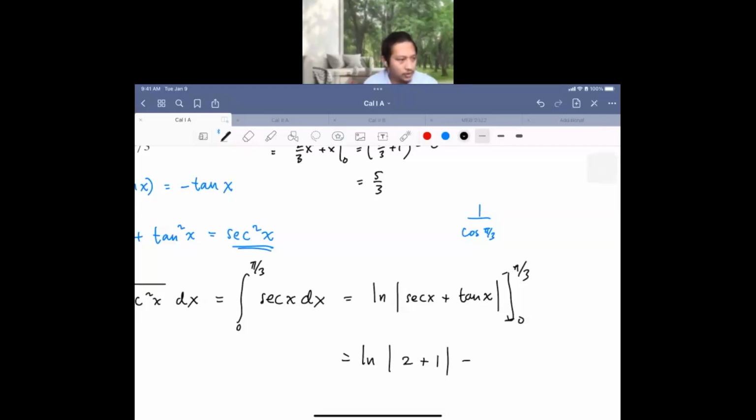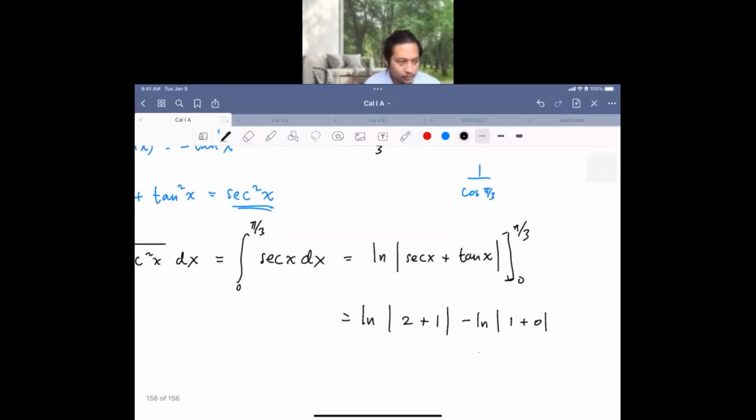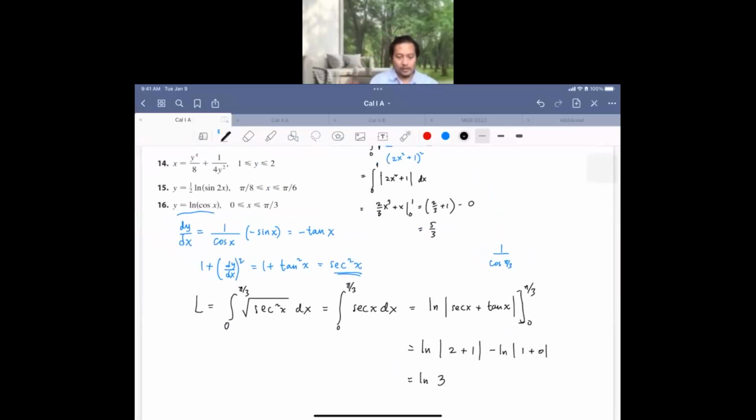And then minus the value at 0: this is 1, this is 0, so this is 0. So the result is ln 3. Yeah, that's the answer, ln 3.